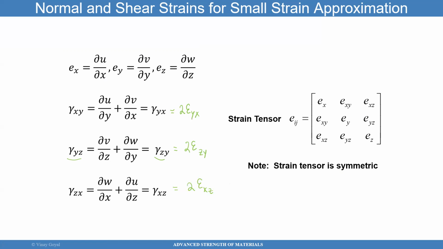And so what goes in here, for example, that one is 1/2 gamma xy. That'll be 1/2 gamma xz, and so forth. The strain tensor is symmetric. So with that, you can see there are 6 of them. There are 6 equations here.